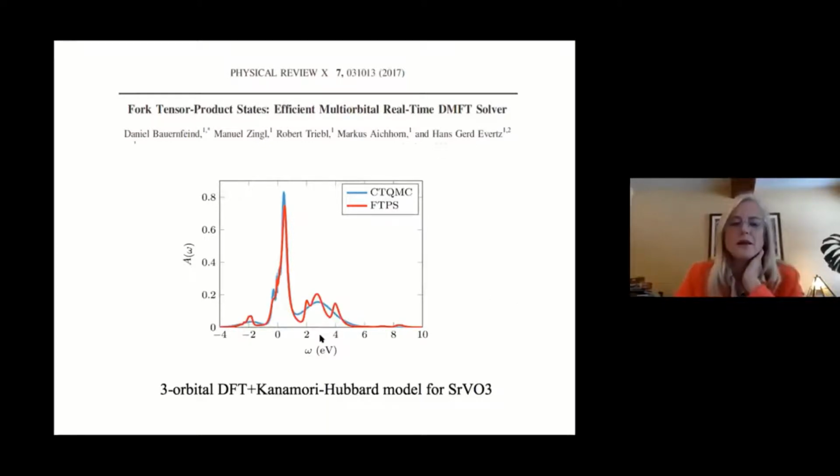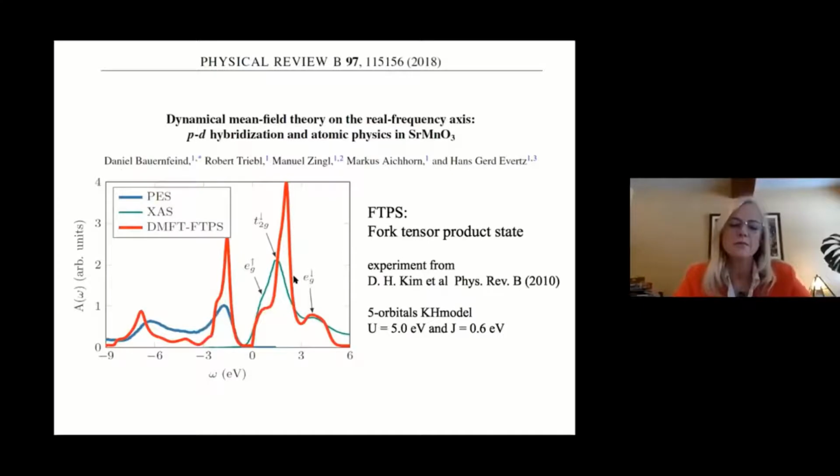Here they compare their results using the same tensor networks. This is the Fermi energy, and they compare to experiments. The red curve is their results. Below the Fermi energy is photoemission spectra, the blue one from experiment, and their result in red, which is quite good.